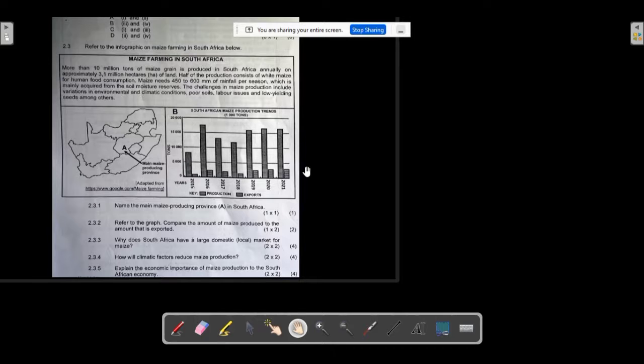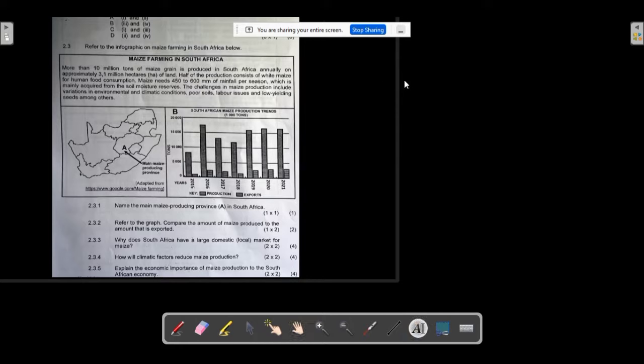As you can see, it's been fluctuating, going up and down from 2015 to 2021, and the exports actually look like they've been going up. Let's head on to the questions then.